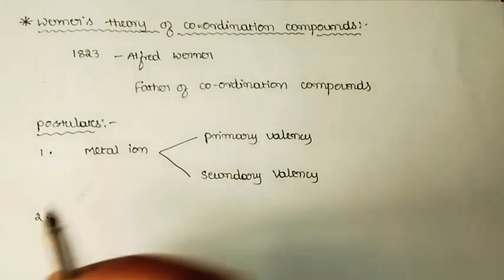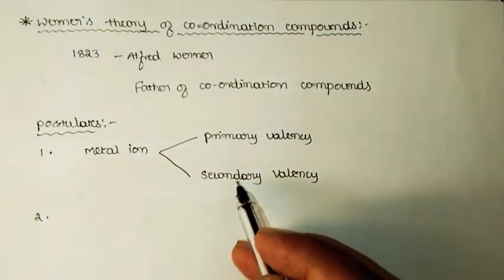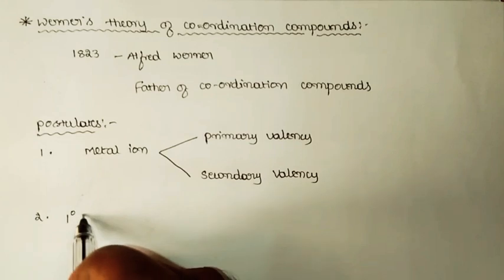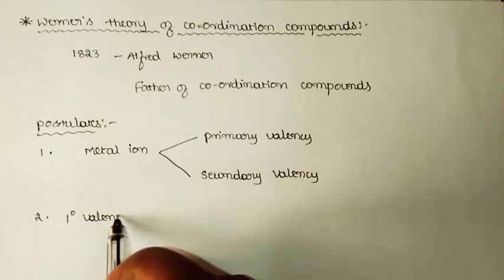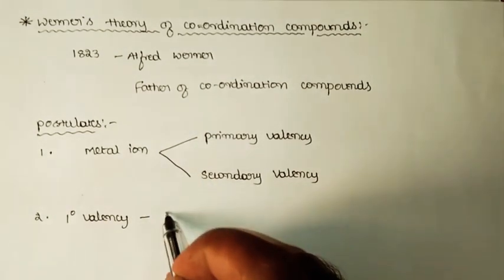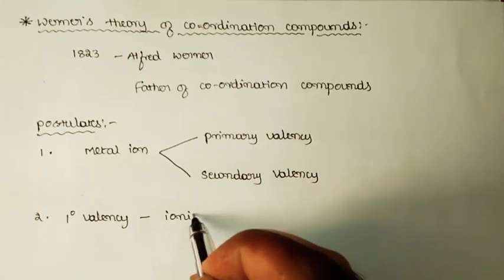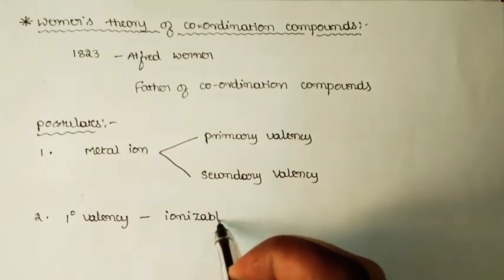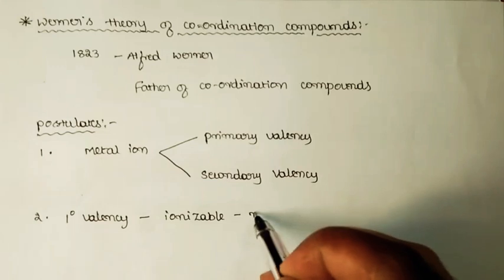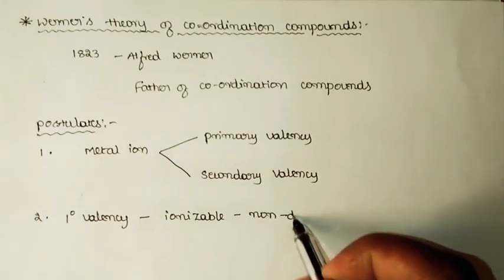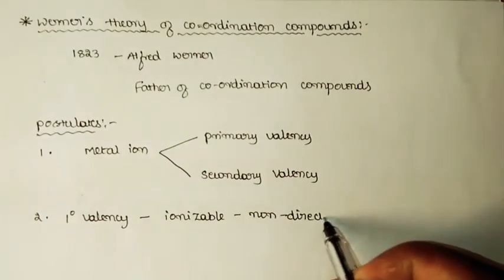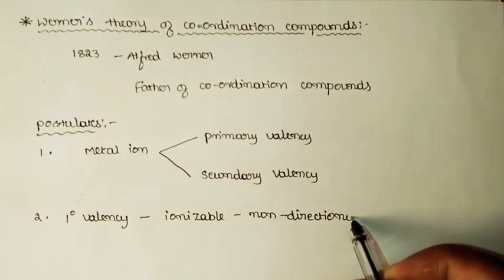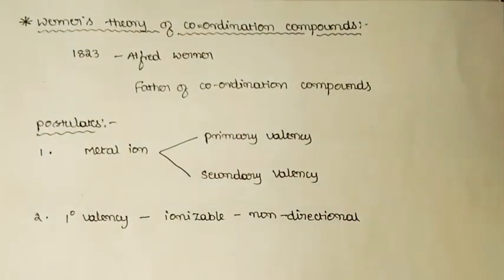And among these primary and secondary valencies, the primary valency is ionizable, and this primary valency does not have any directional properties. That means the primary valency is non-directional.